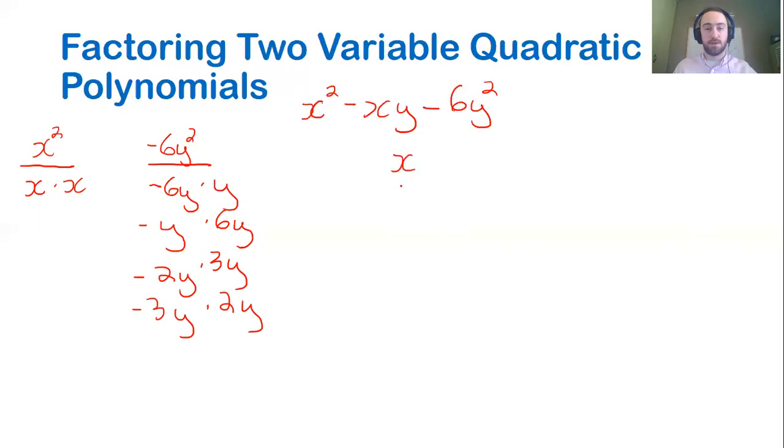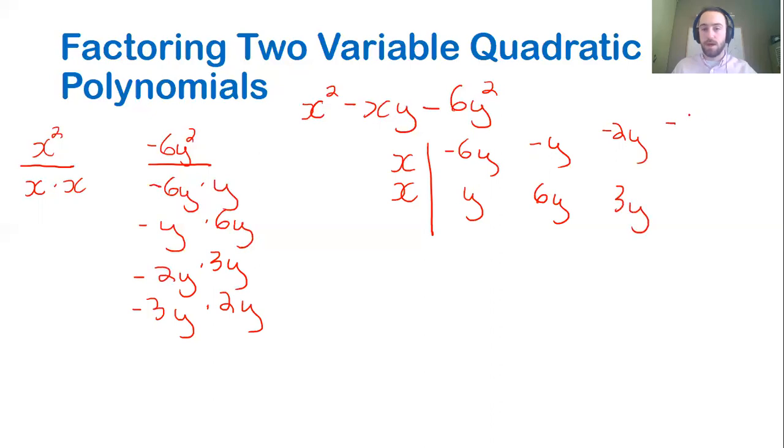So we write down our factors, x and x, negative 6y, y, negative y, 6y, negative 2y, and 3y, and negative 3y and 2y. Again, we're looking for terms that add up to our middle term. In this case, our middle term is negative xy. Again, we're just going to cross multiply.